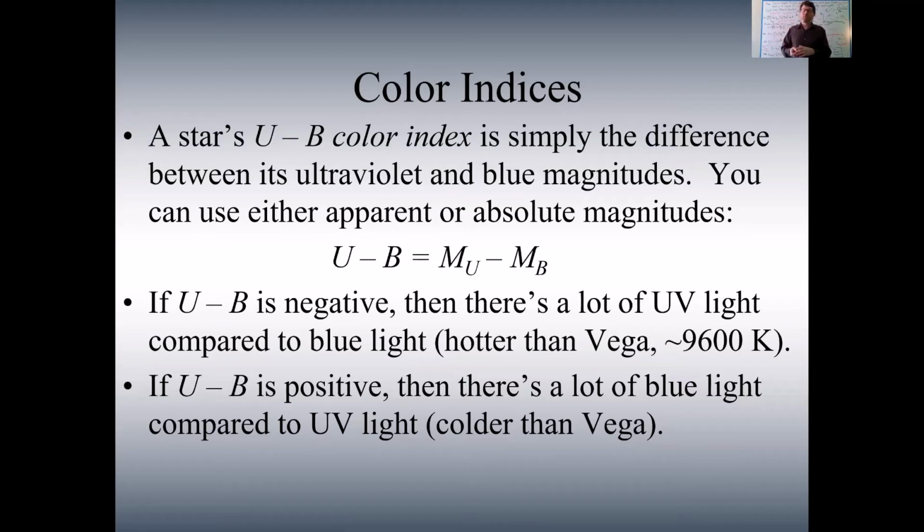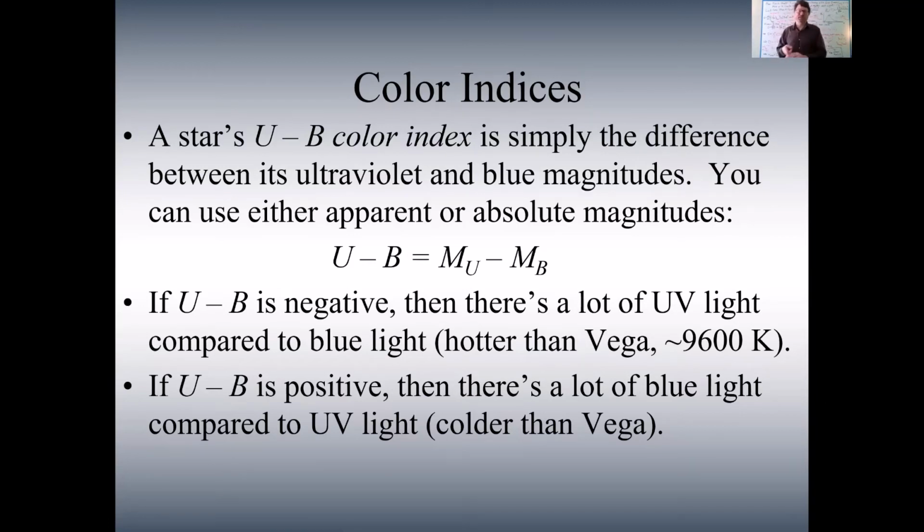I'm talking loosely, I know, but how do you do this comparison? What does it mean to have more ultraviolet than blue? Use Vega as a reference point. That's how these scales were initially calibrated. To a very accurate approximation, Vega has a lot of zeros on all of its values.